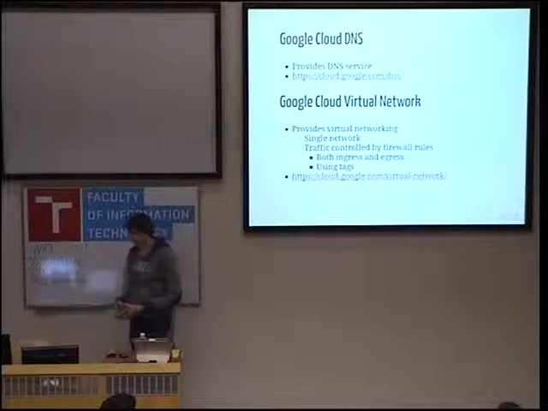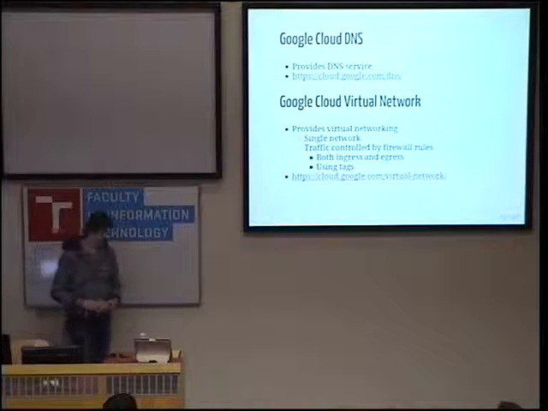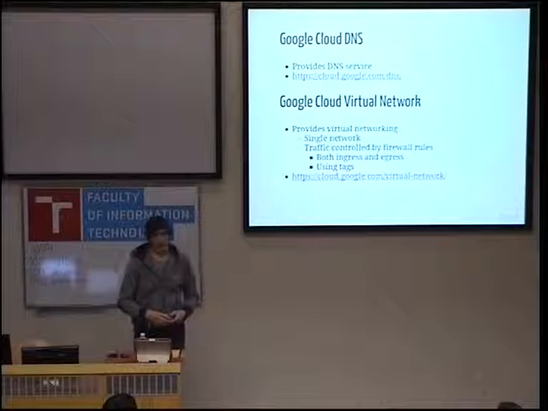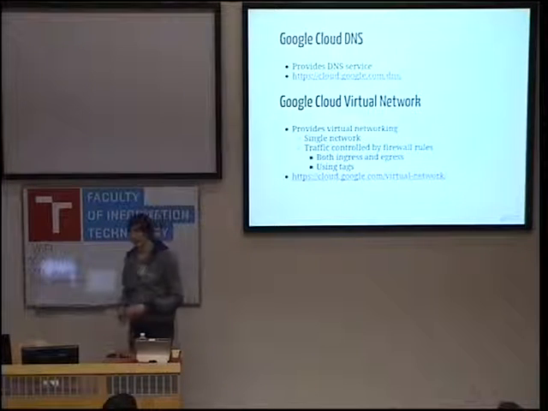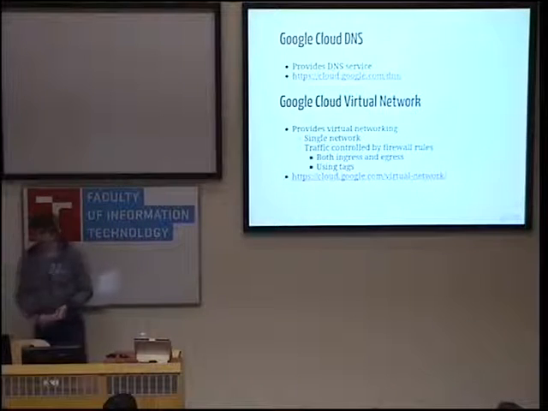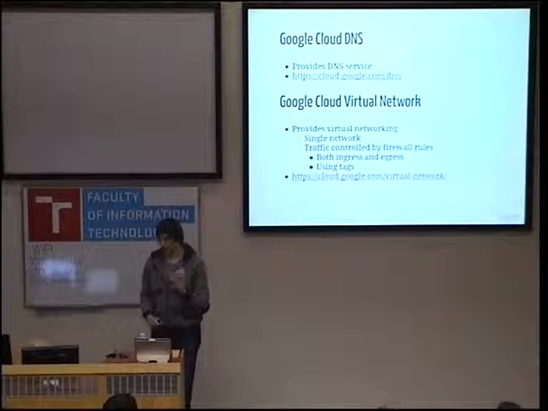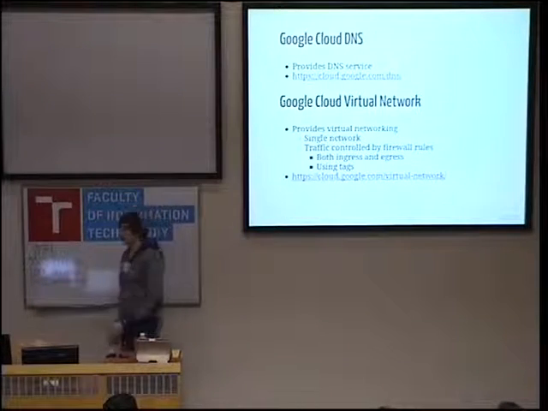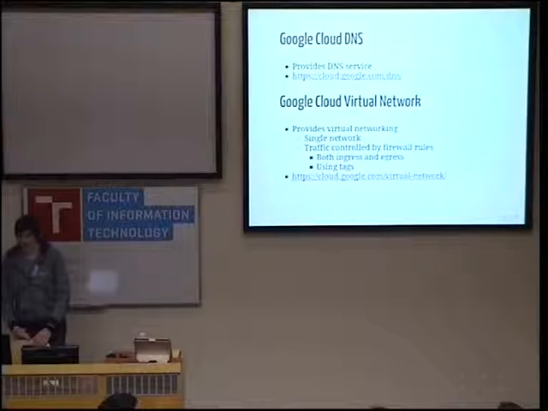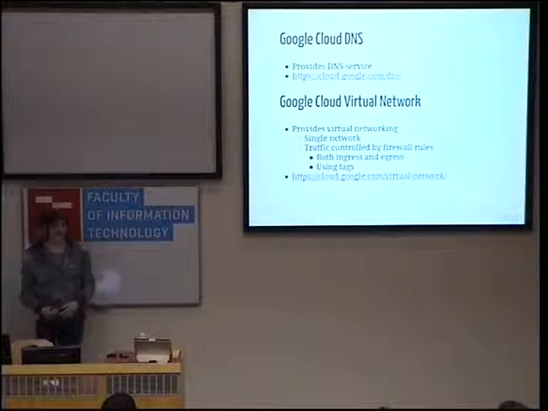We are using a single network for all instances, but the traffic is heavily controlled by firewall rules. We control all ingress and egress for every instance, so every service can communicate only with specific ports of every instance. So we're trying to be as secure as possible. In GCE, firewall rules require tags.